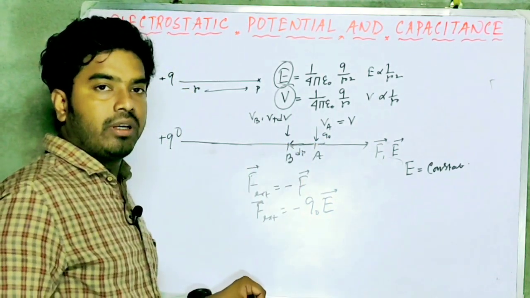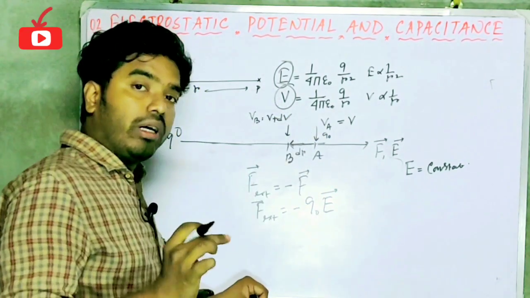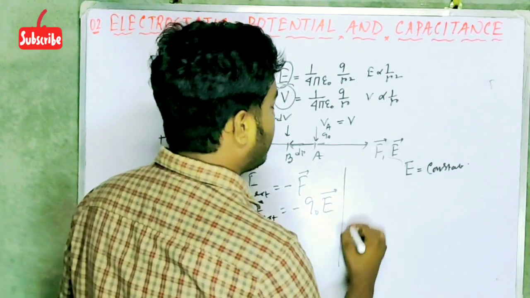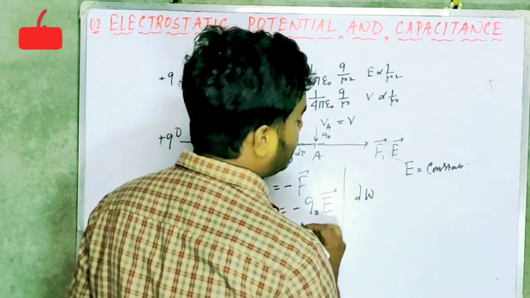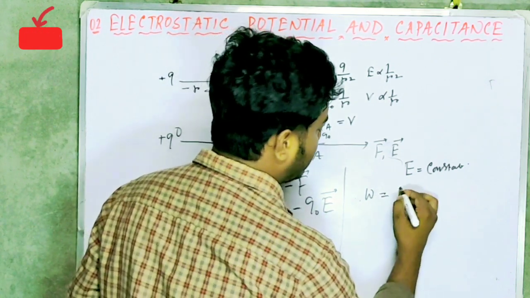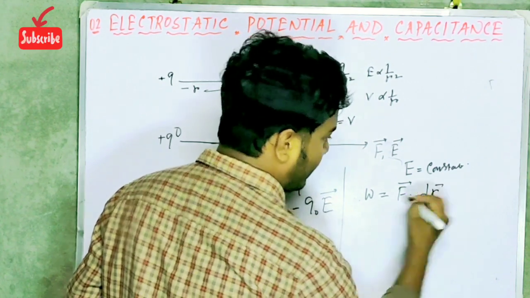Now, for taking the test charge from A to B, we also have work done, and this work done dW, or you can say W, is equal to F vector dot dr vector.